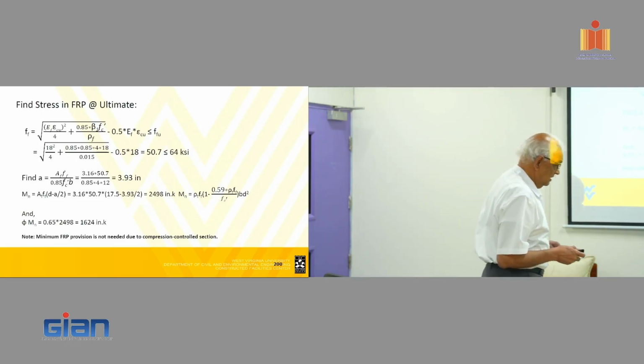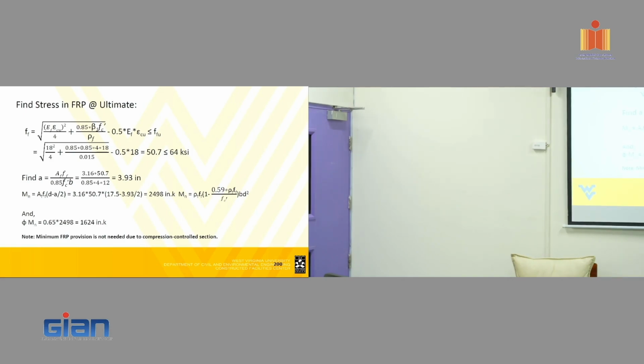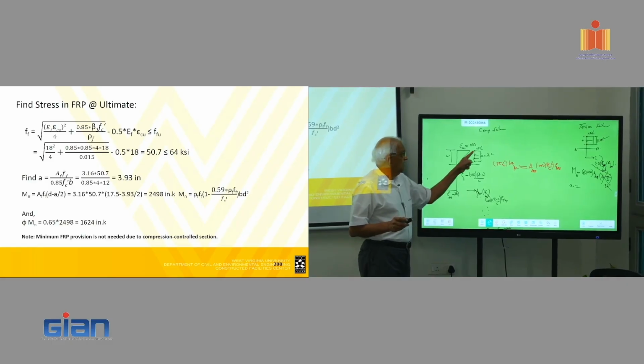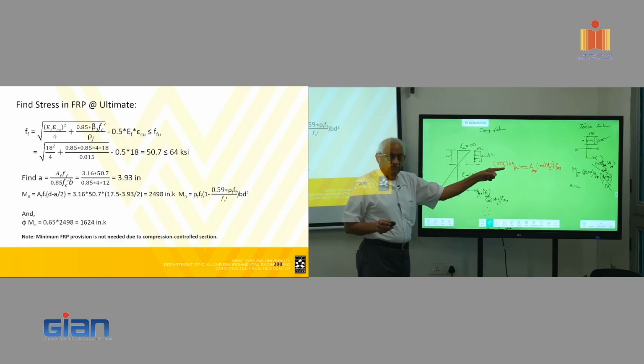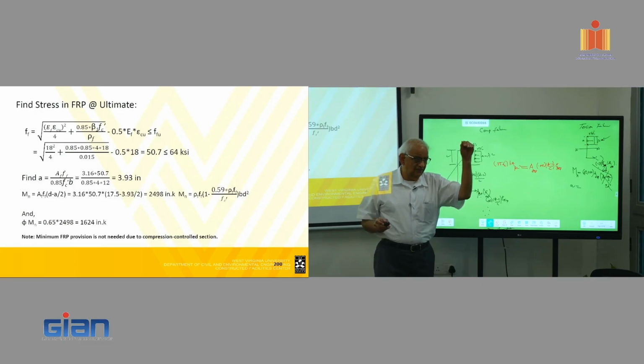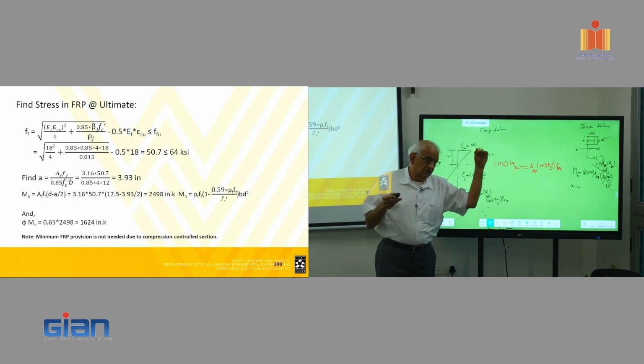A is different from C. C is the neutral axis depth from the American code point of view, whereas A, from the idealized rectangular stress block point of view, is beta 1 C, and beta 1, I told you, varies depending on the strength of the material. The reason they cut off in ACI at 8,000, and they said above that it is still 0.65, is because for some reason we feel 8,000 is a cutoff limit for regular concrete versus high strength concrete.